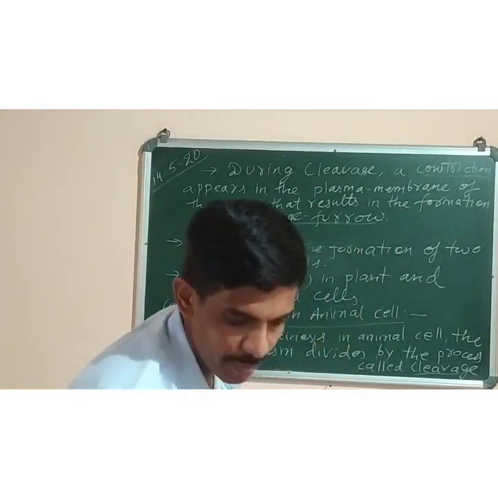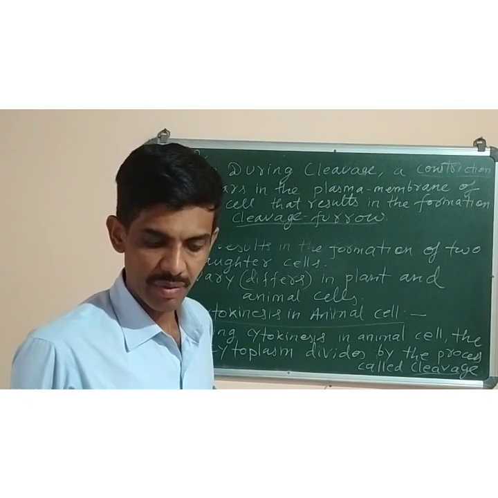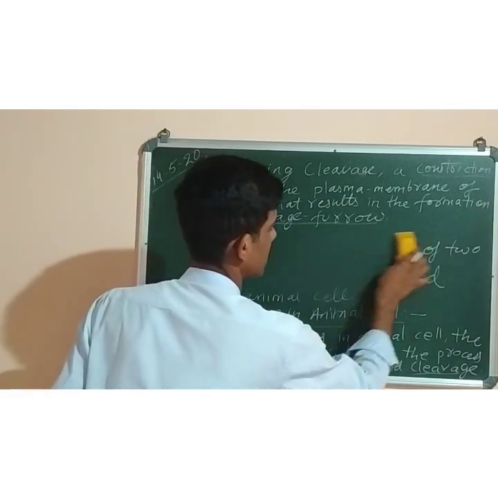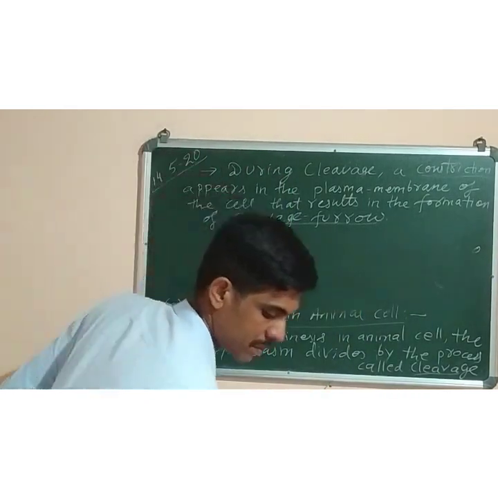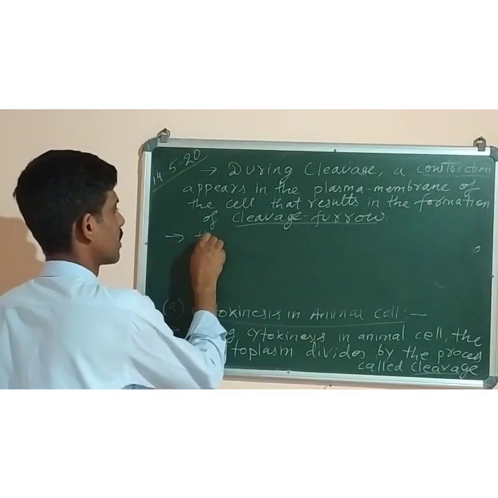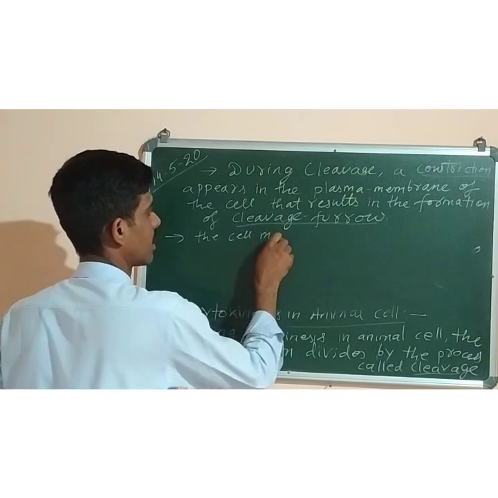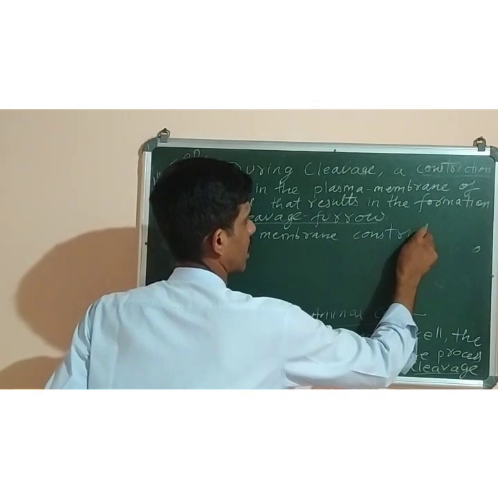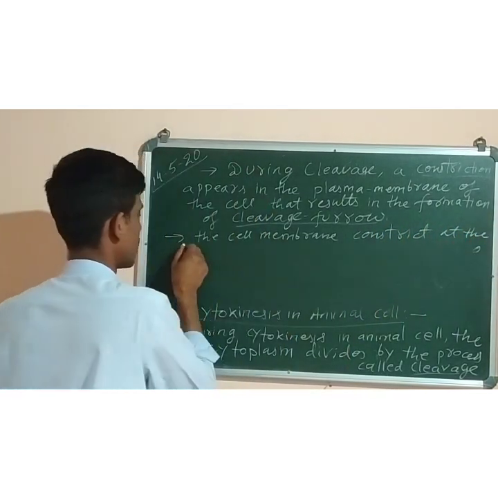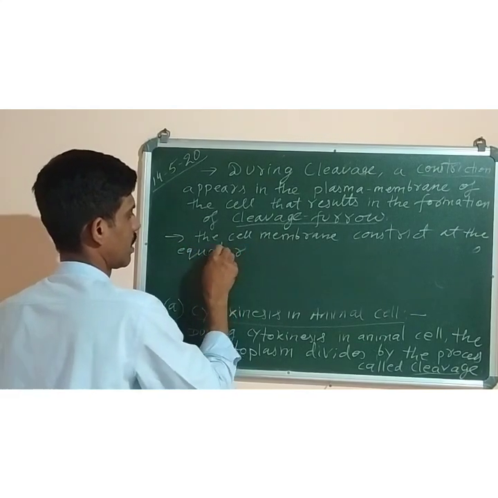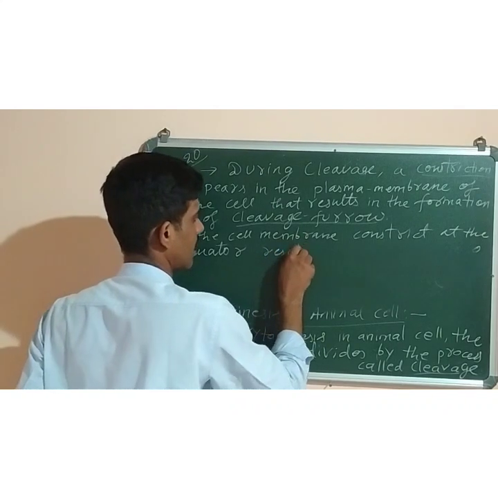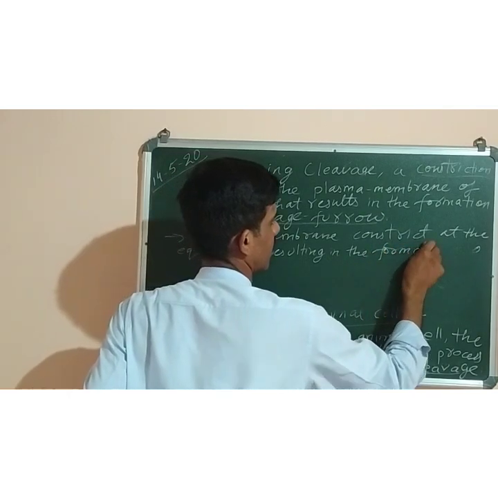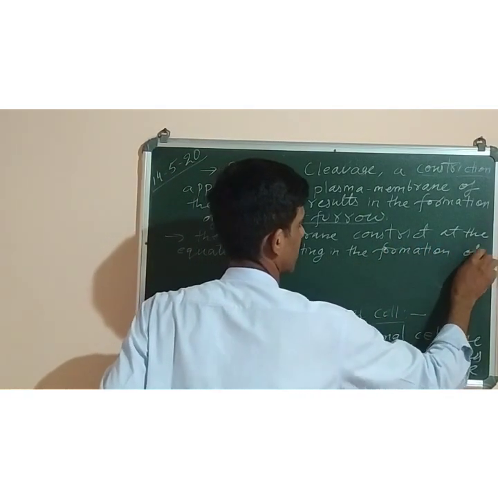Now the last point we have to do, that is, in this process the cell membrane begins to constrict at the equator, resulting in the formation of cleavage furrow.